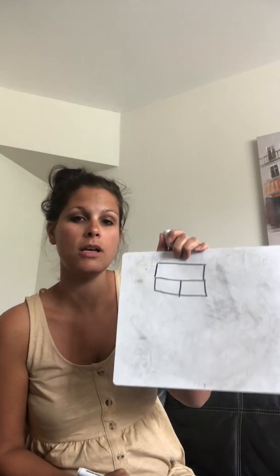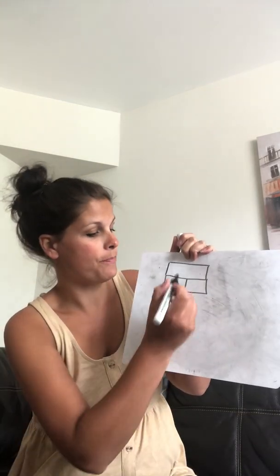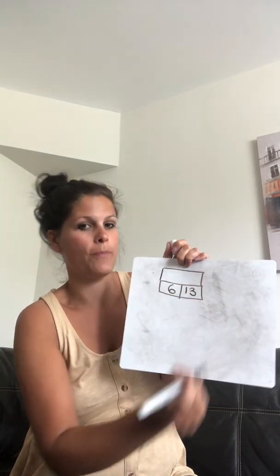Now the first thing I'm going to do is draw it as a bar model, because we know the two parts from the word problem. We know that he started off with 6 and he had 13 more.